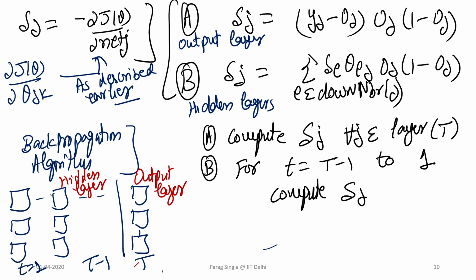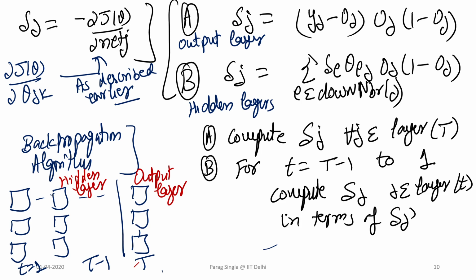delta j, where j belongs to layer t, in terms of delta j primes, where j prime belongs to units in the layer t plus 1.